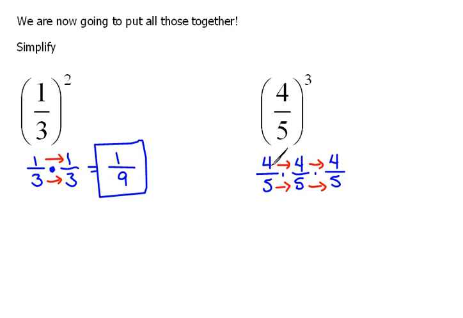So on top we have 4 times 4, which would be 16, times 4, which would be 64. And on bottom we have 5 times 5, which would be 25, times 5, which would be 125. So our answer would be 64 over 125.